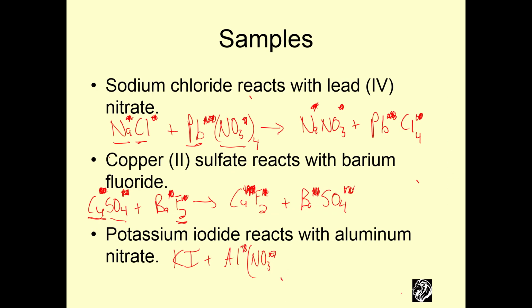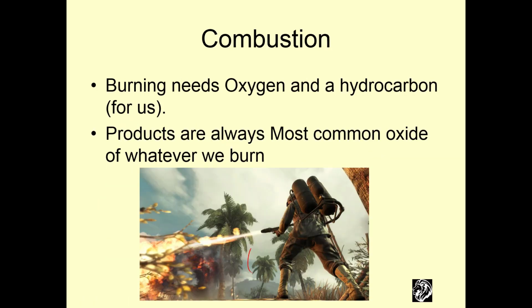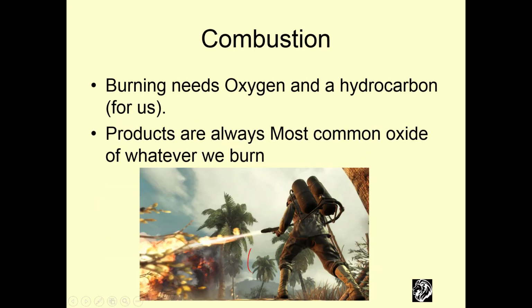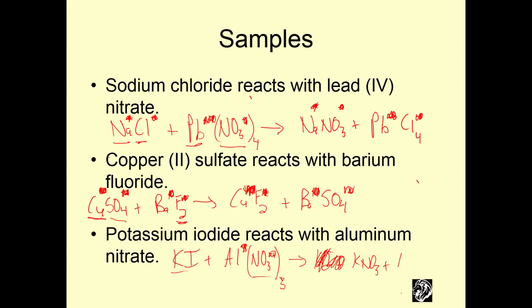Okay, so that would give me KI plus, no it wouldn't. I need a new partner. K is going to join with NO3. KNO3 plus AlI3. Okay, and the 3 came from the charges.